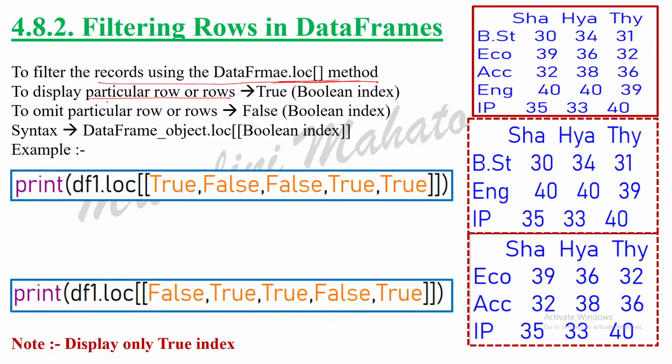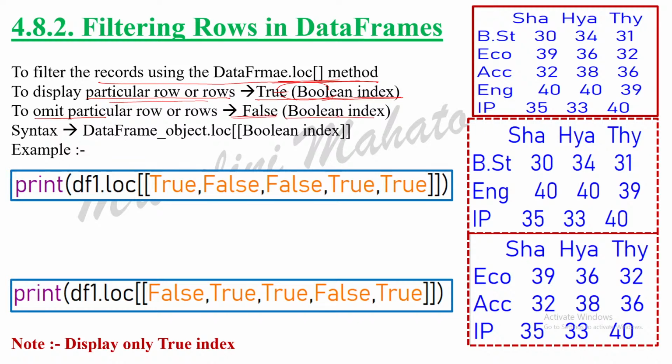Now to access a particular row, we use True as a Boolean index. True is which type of data? That is a Boolean value, Boolean index. To omit means when you have to remove the particular row or rows, that time you use False as the Boolean index.